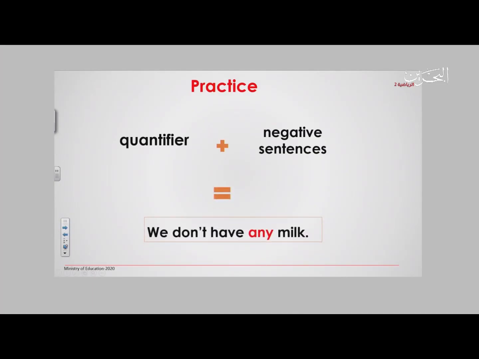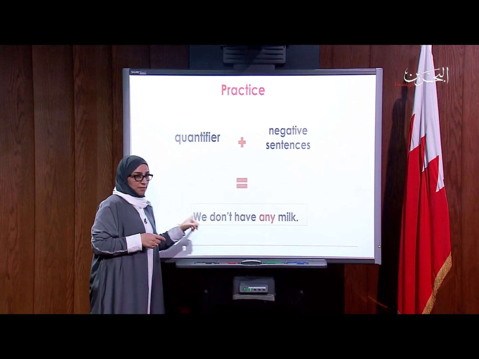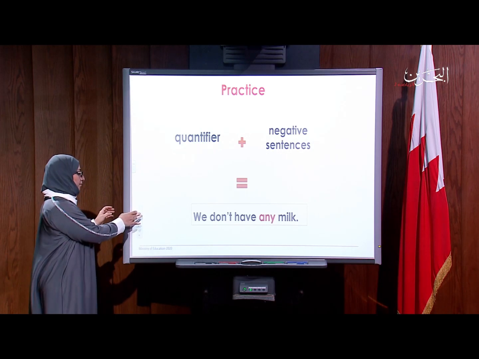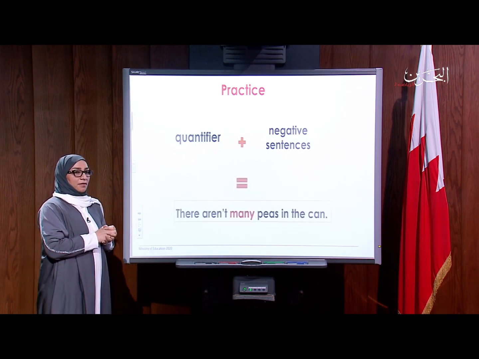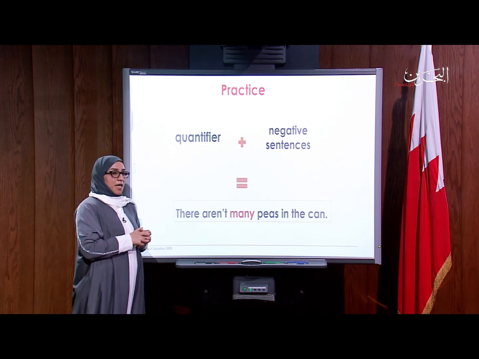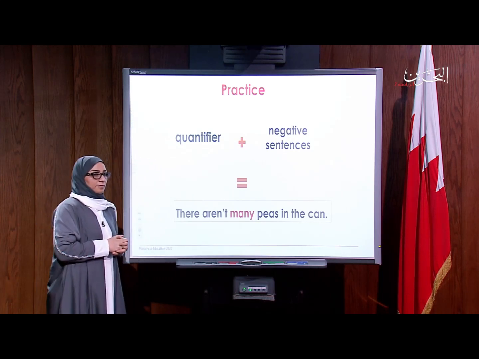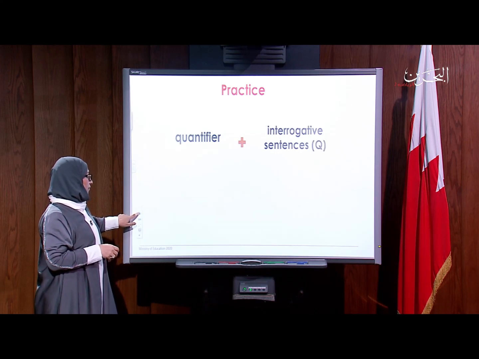More practice. We don't have any milk. As you can see, I use any with negative. I use any in a negative sentence. More to go with the practice. There aren't many peas in the can.